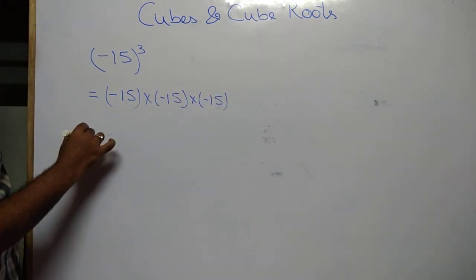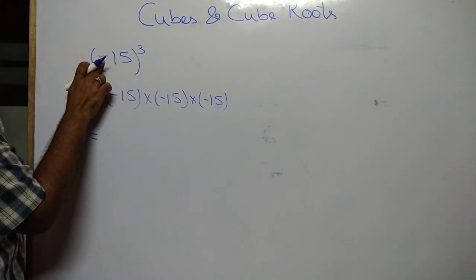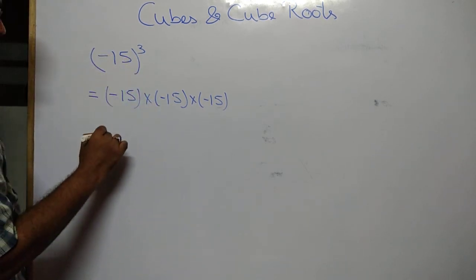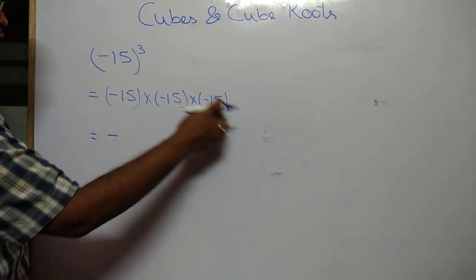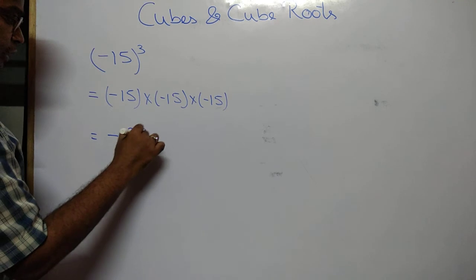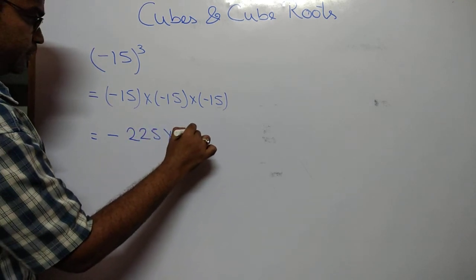Clear? Now here, as we know that a negative cube is also negative, we multiply 15 into 15 into 15. So first we have 225 into minus 15.